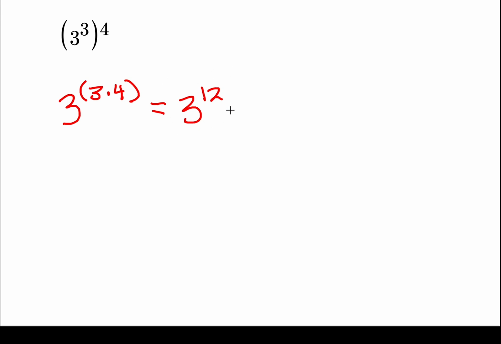This can be your final answer, but since the base is a number, you can type 3 to the 12th power in your calculator to simplify even further, and it would be 531,441.